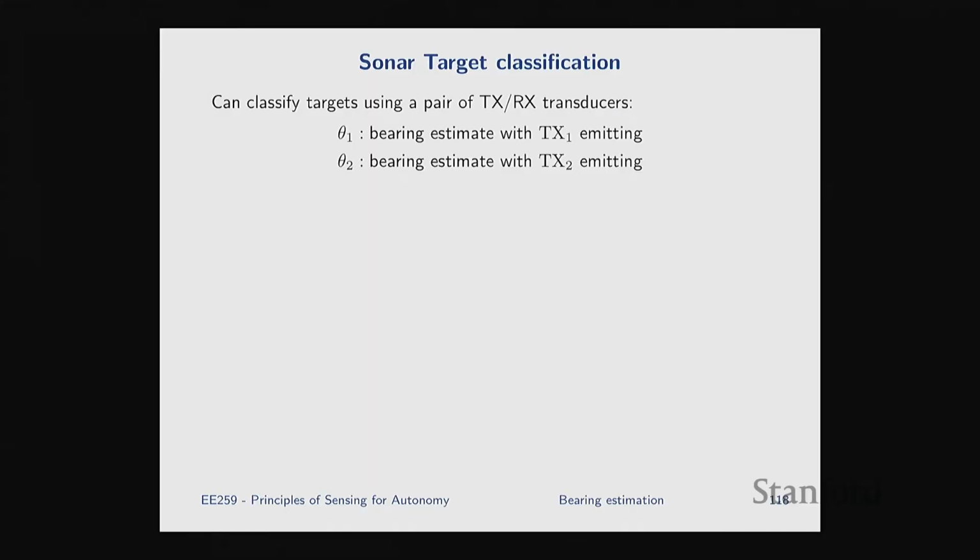Okay, so there's something really cool and unique to sonar when it comes to bearing angle estimation, which is you can actually do a classification of targets just based on DOA. When we hear classification, we typically think about vision sensors like cameras with fancy neural networks, and those are, of course, the best classifiers out there.